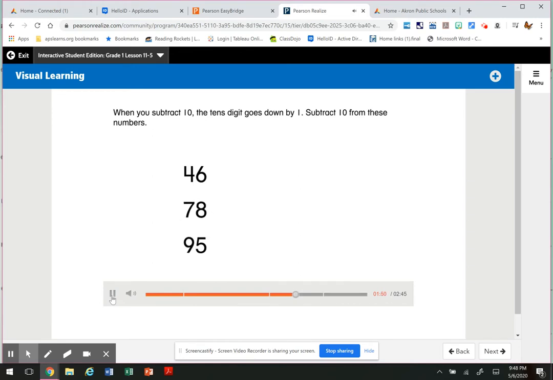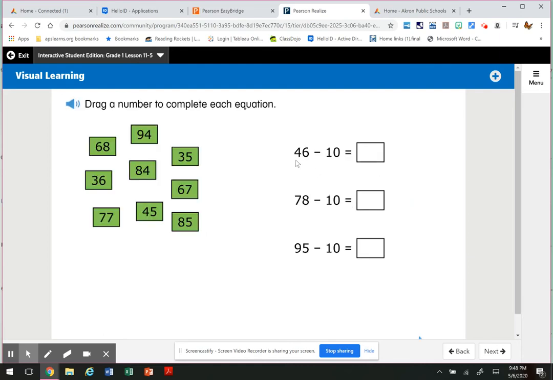Subtract 10 from these numbers. Okay, let's try it. Now he said when we subtract the tens, the digit in the 10 spot will decrease by 1. So 46 minus 10. We look for something that decreases by 1 from 4 to 3.